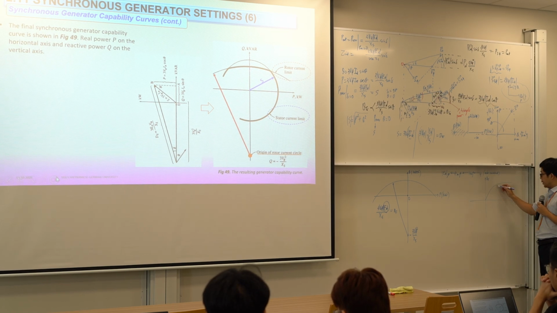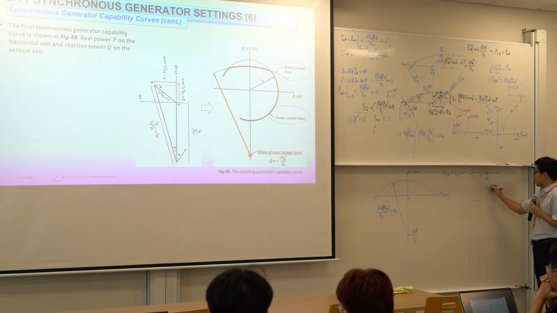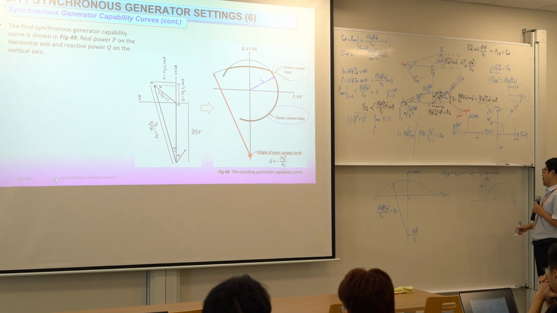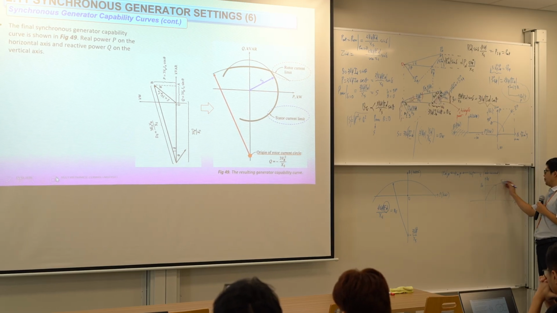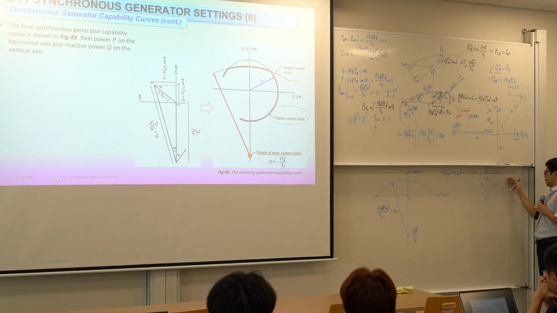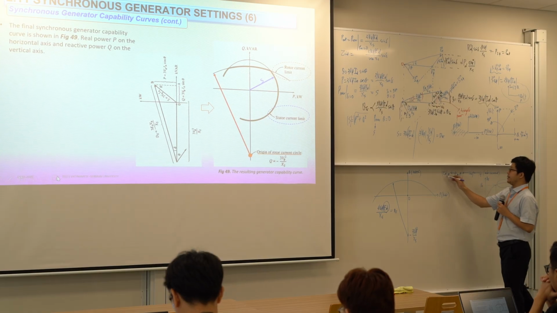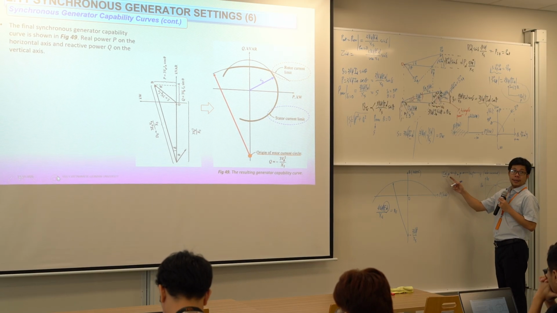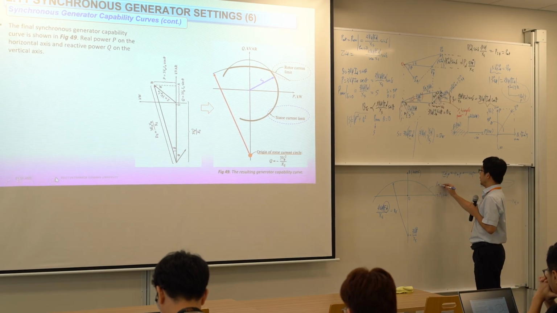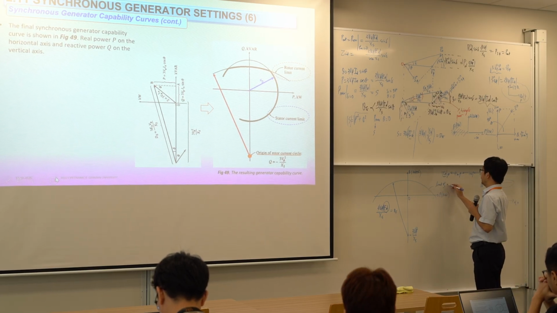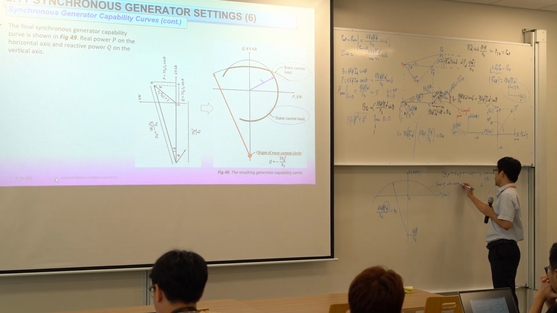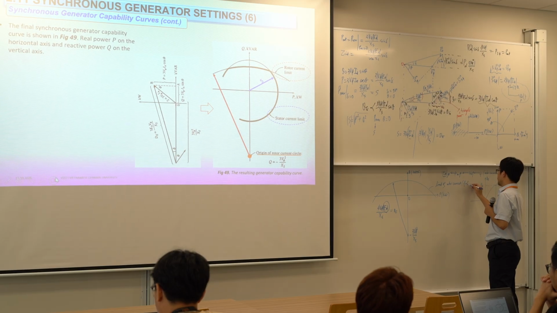When we continue to increase IF, you get VR radius, and then if we continue to increase IF, you go to the saturation zone. So we need to limit IA. If we have IF max, you get IA max. So this is the limit of rotor current, or field current.